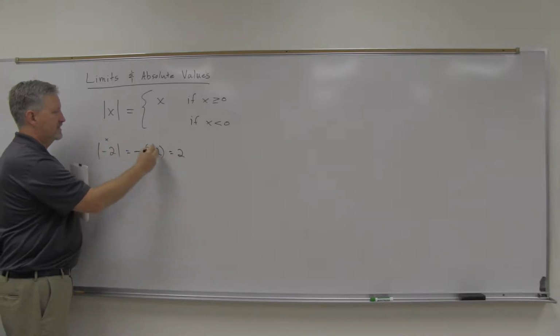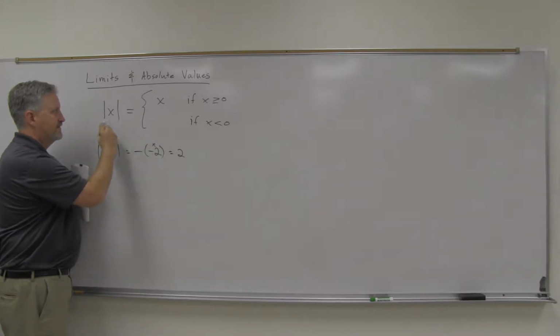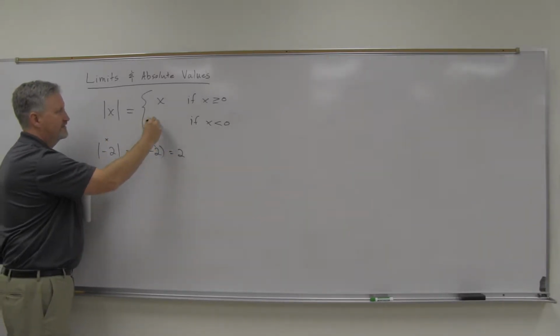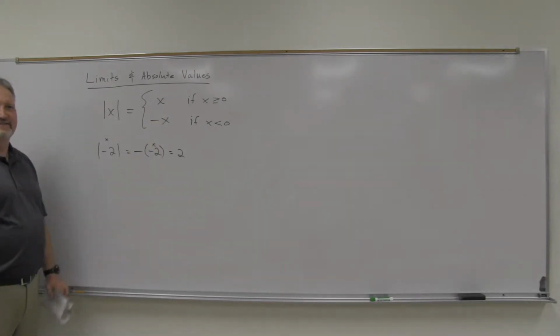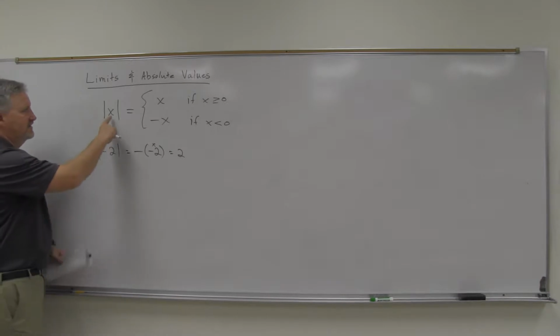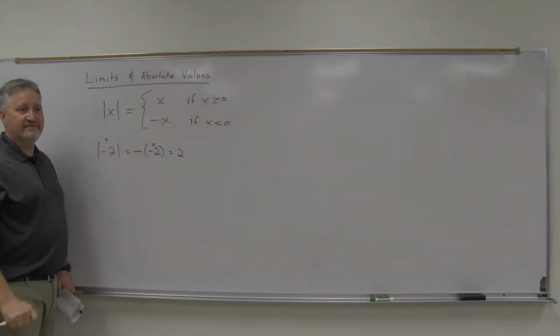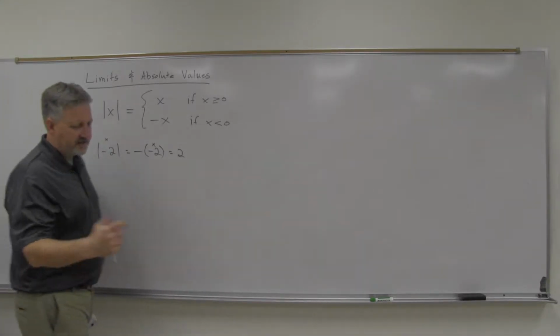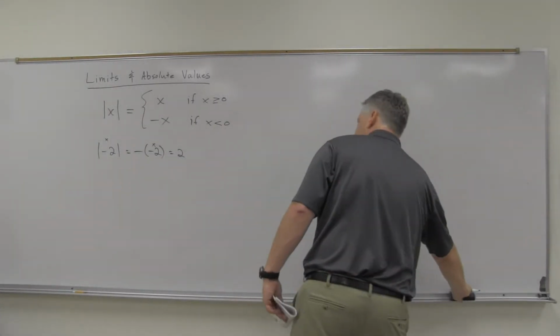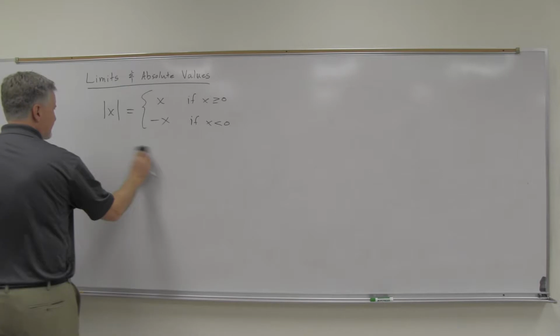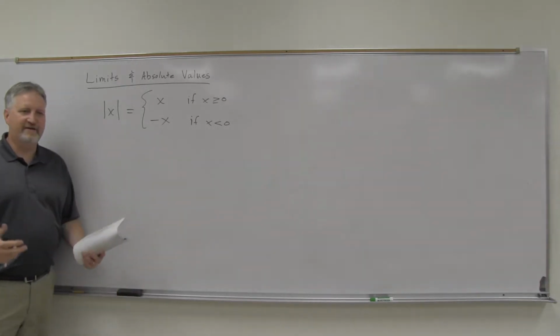So if absolute value, if x is less than 0, it's minus x. Because if x is negative, that'll make a negative negative, that'll make it a positive. Okay? So that's how this is going to work for those absolute values.